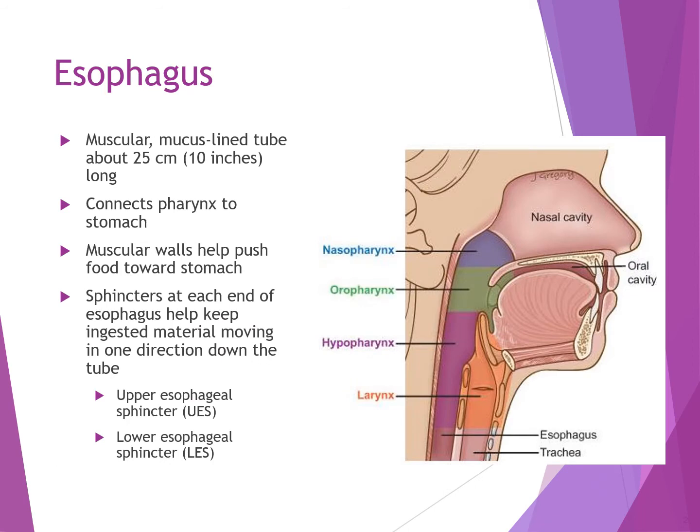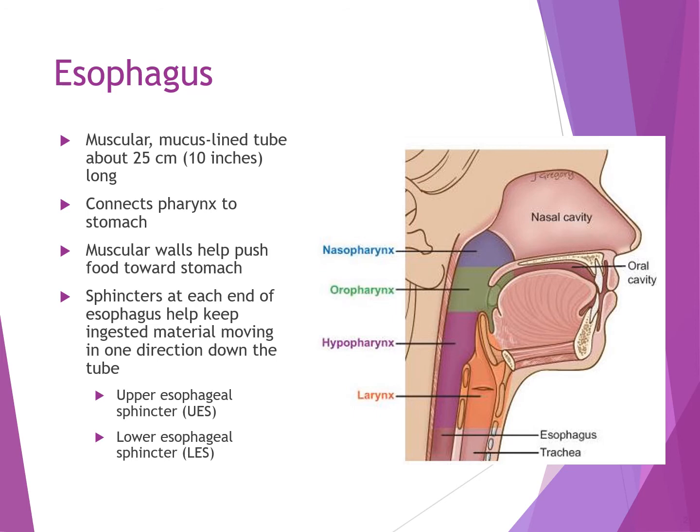Next, we come to the esophagus. The esophagus is distal to the pharynx, and it is also lined with a mucous membrane. It is a muscular tube about 10 inches long, and it connects distally to the stomach. So proximal to the esophagus is the pharynx, distal to the esophagus is the stomach.